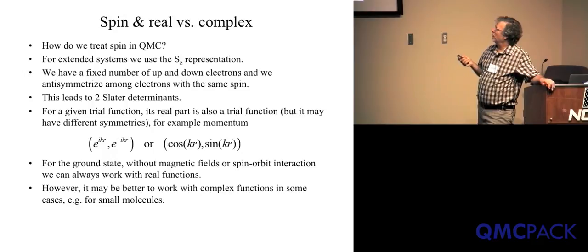Normally when we talk about quantum Monte Carlo, we're dealing with real wave functions, but very often nowadays we're switching over to more complex wave functions. Often you can take a wave function that's complex, like e to the i k dot r, and break it into two real wave functions.